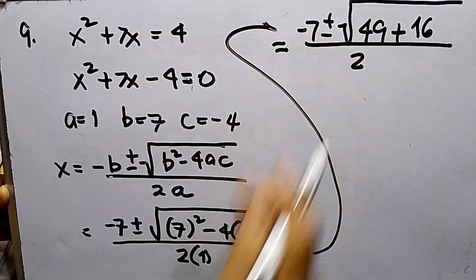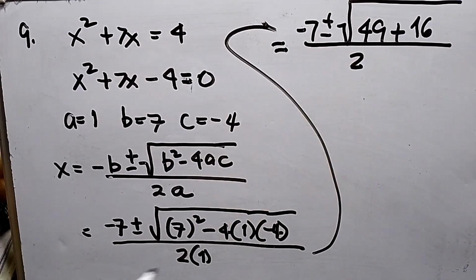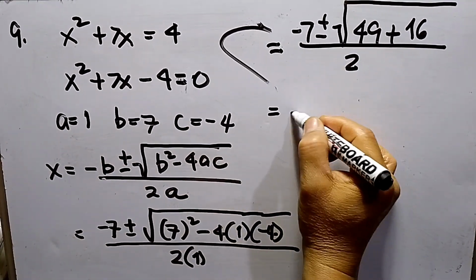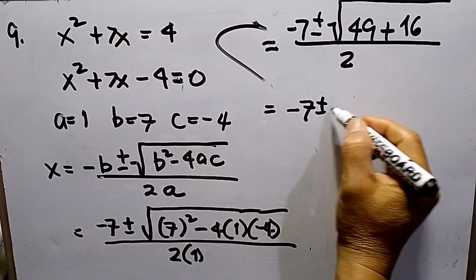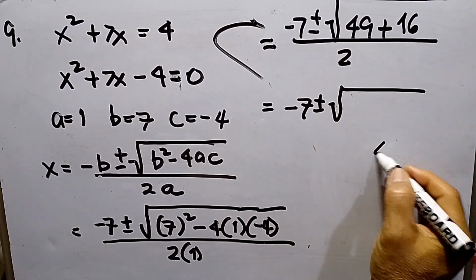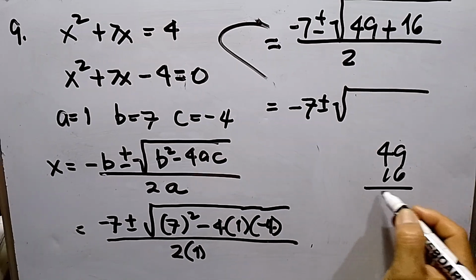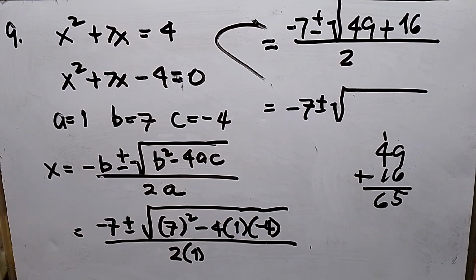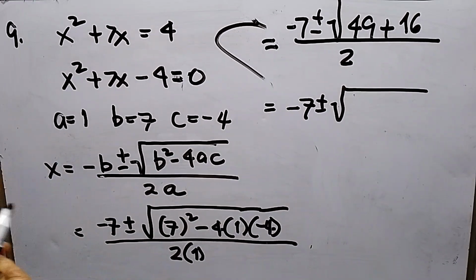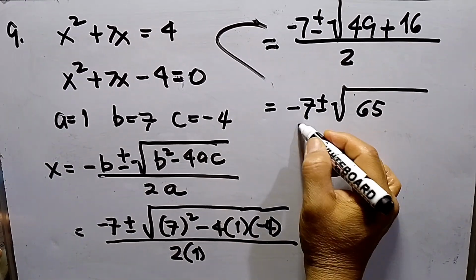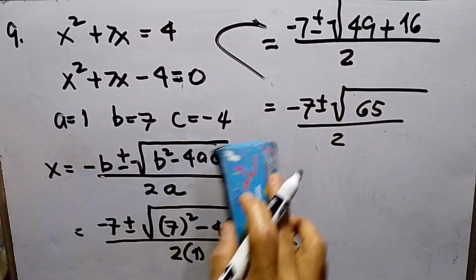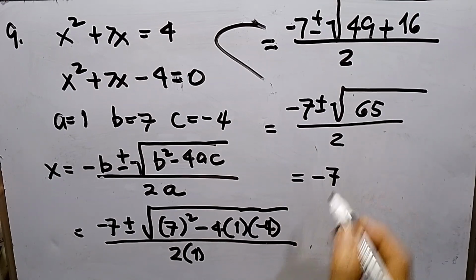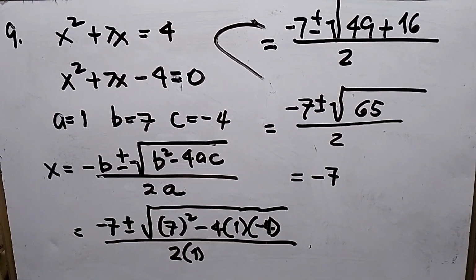So this will be equals negative 7 plus and minus square root of, what is 49 plus 16? This is 65. Then over 2. So this will be negative 7, do we have a square root of 65?